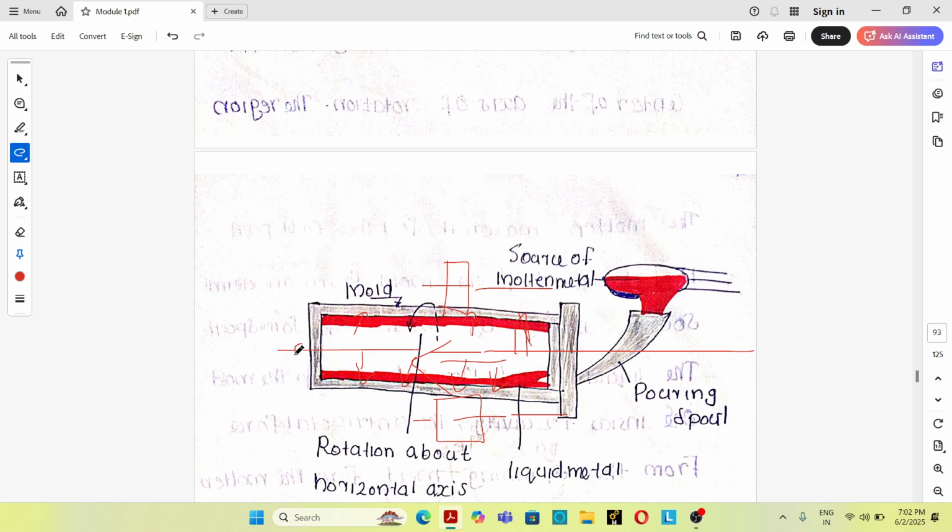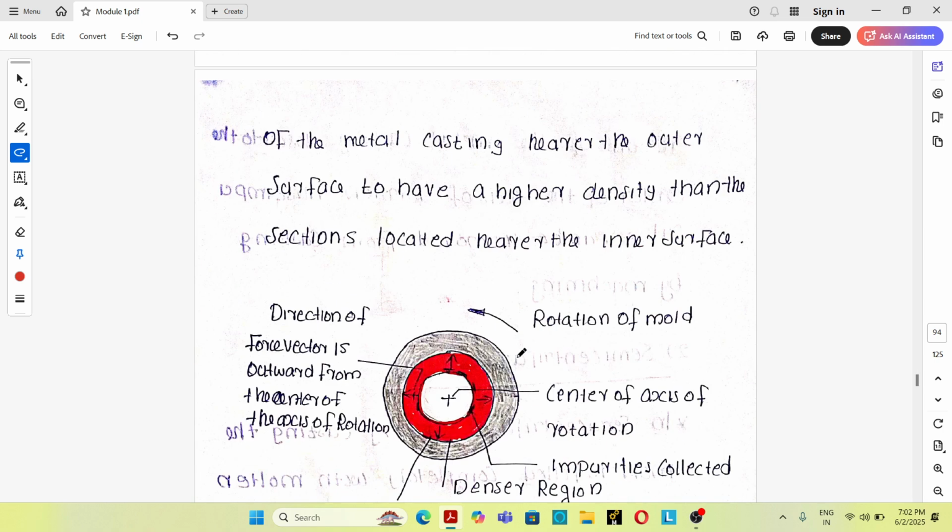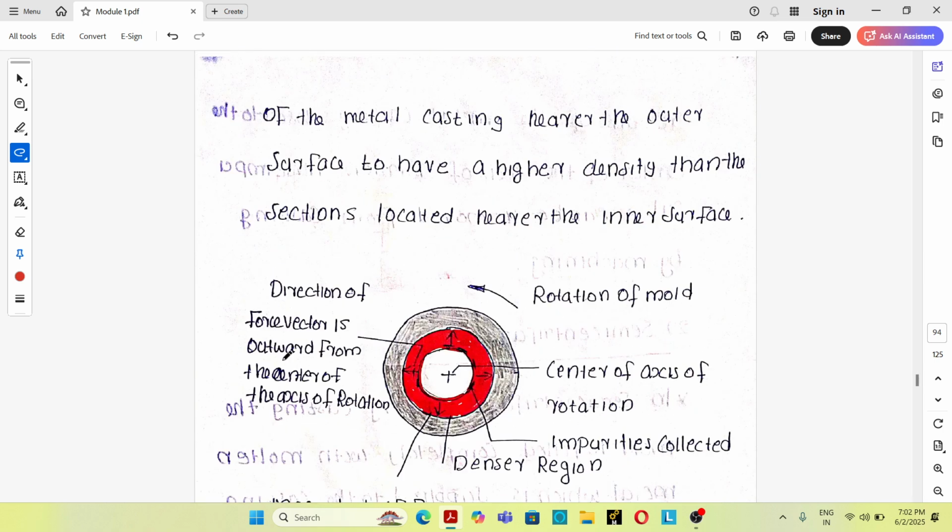Here the magnitude of centripetal force will be less compared to the centripetal force acting nearer to the mold wall. So you can see that the magnitude of centripetal force increases when moving away from the axis of rotation.